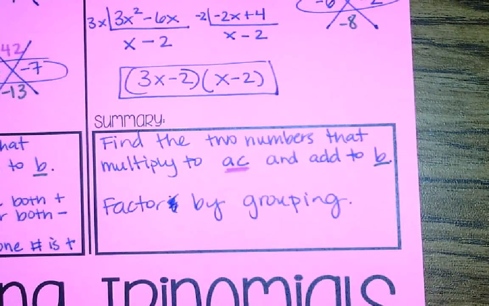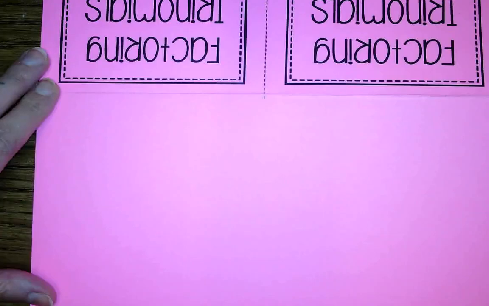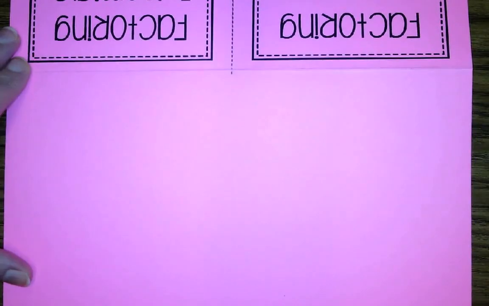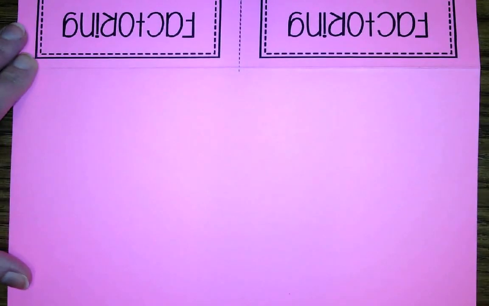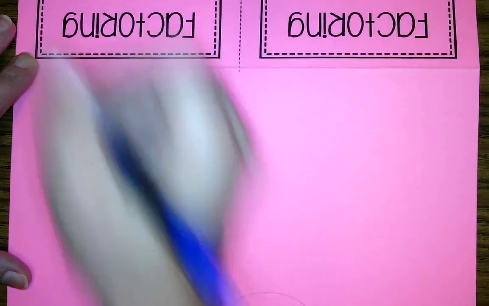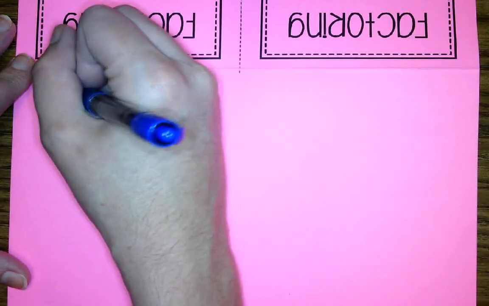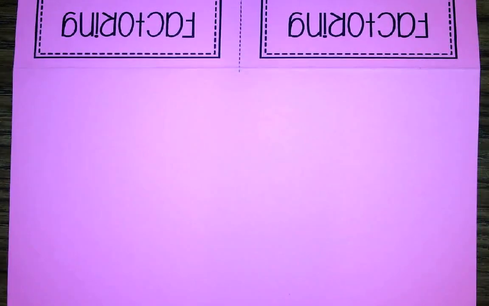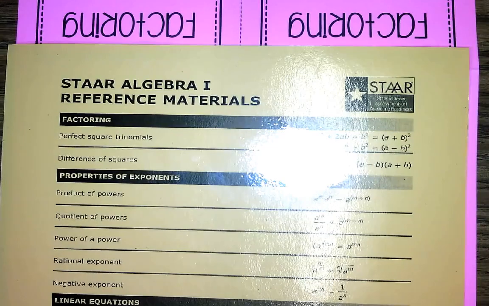Now, quick reminder, guys, on the back of your page here, I just want to write a couple little things. There are two special cases, right? So I'm adding this on. Sorry, guys. Let me get the actual formula chart so you can see this here. Your two special cases are perfect square trinomials and difference of squares.